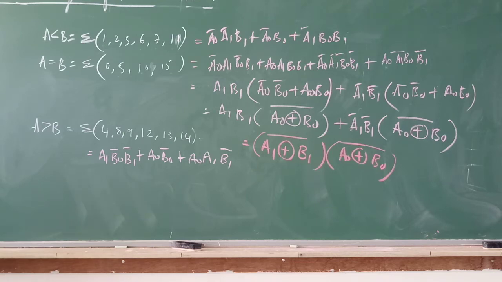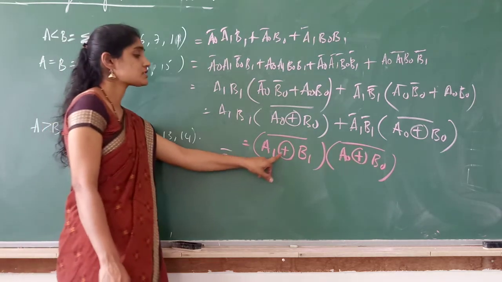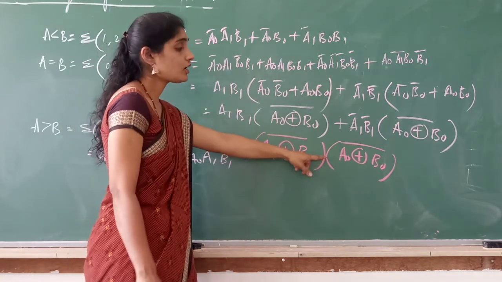So now for this you can use the XNOR gate instead of going for the basic gates; you can easily simplify. Hope you are clear with this. If we take A1 B1 common, and A1 bar B1 bar common, yes, correct. So we get A1 XNOR B1 into A0 XNOR B0.